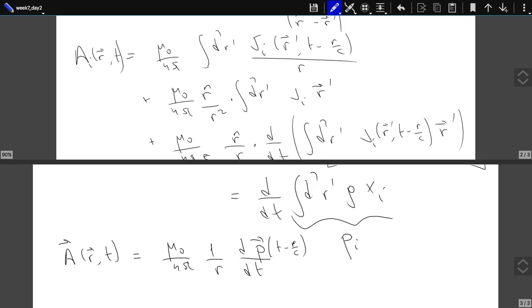No, this is not a magnetic monopole. This is due to the changes of the electric dipole. Look, again, let's go back to that example. We had this rod which just carried current up and down. There is a current, so there is a vector potential. There is no magnetic dipole moment. There is only a changing electric dipole moment, and it is what is creating this vector potential.